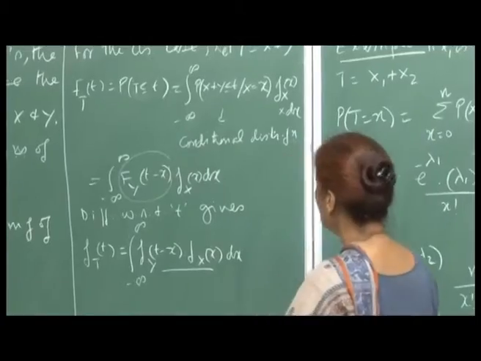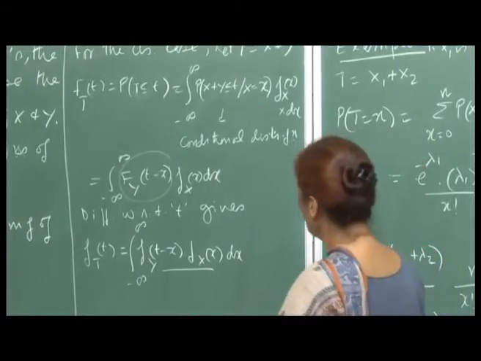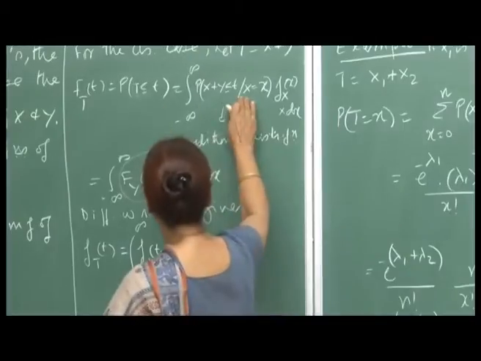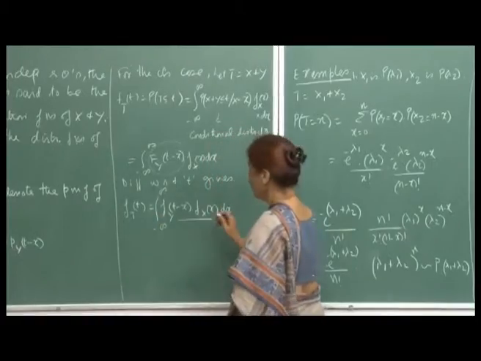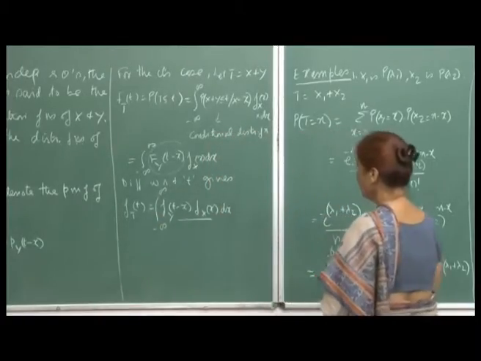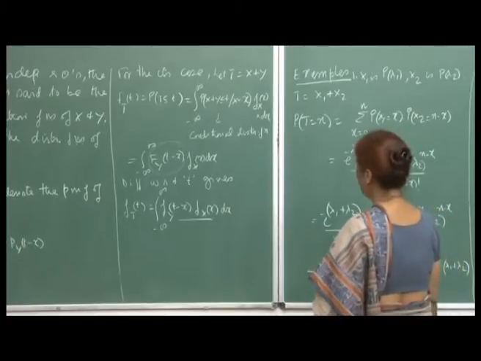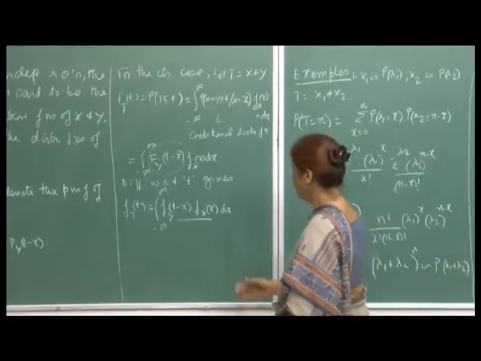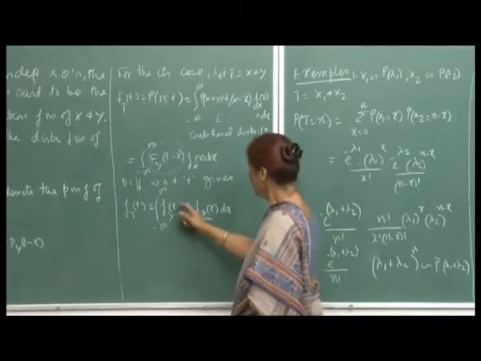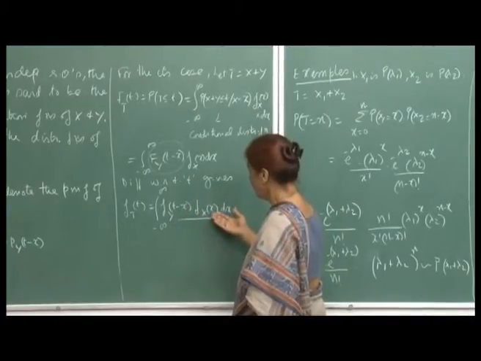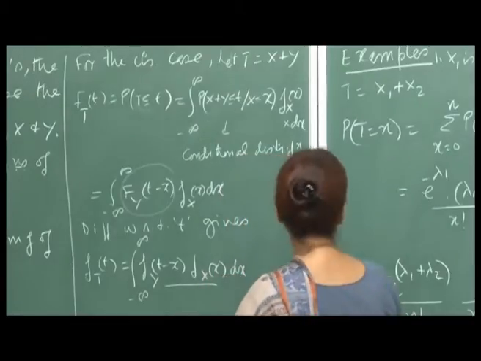So this will be your convolution. You can either write it in this form or in terms of the PDFs. And of course, the understanding is that this holds for all values of t for which this is defined, and you also take the values of x for which this is defined.